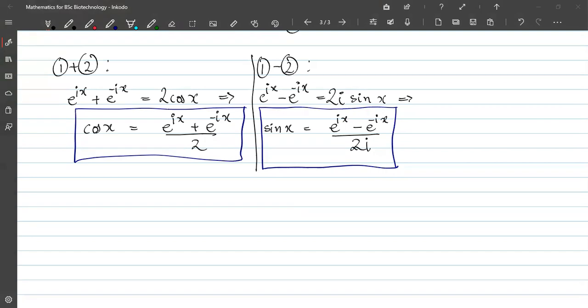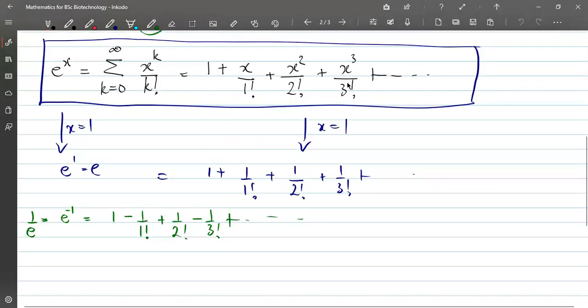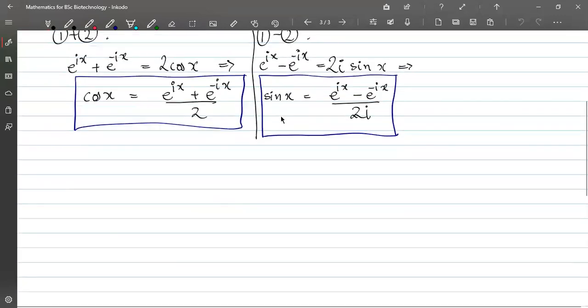So first of all, similar to how we found e to the power of x expansion, and from that we found e to the 1 and e to the minus 1, in general, we can replace x by any other variable like minus x or ix or minus ix and find expansions for those. So the first thing we'll do here now is find an expansion for e to the power of ix.